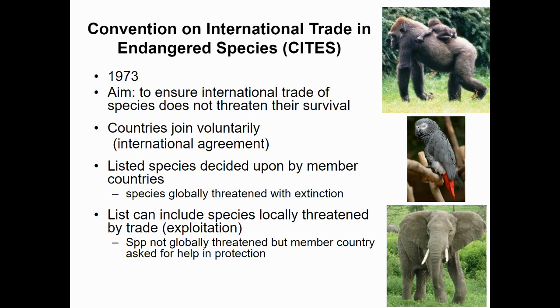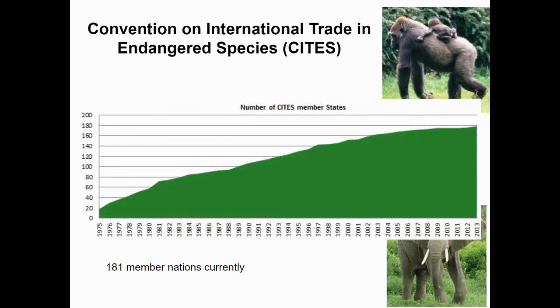That's a voluntary thing, but a good step in the right direction. This can help protect animals that otherwise might be exploited for profit, or zoos, or animal products as well, which we'll talk about. So you can see here that since 1975, an increasing number of countries have joined this agreement to not trade in these endangered or at-risk animals.